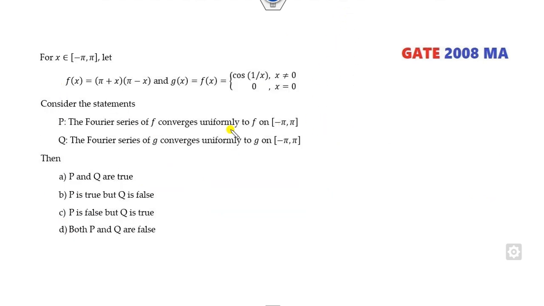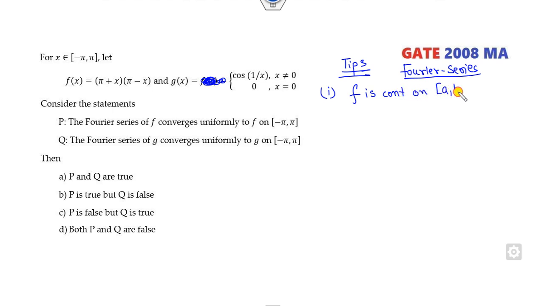Okay, look at this one. A function f is given to you, and g is given to you, with their Fourier series. There is no need to solve the problem. What is the shortcut tip for the Fourier series? Remember the convergence condition of the Fourier series, the Dirichlet condition. F must be continuous on the closed interval a comma b.